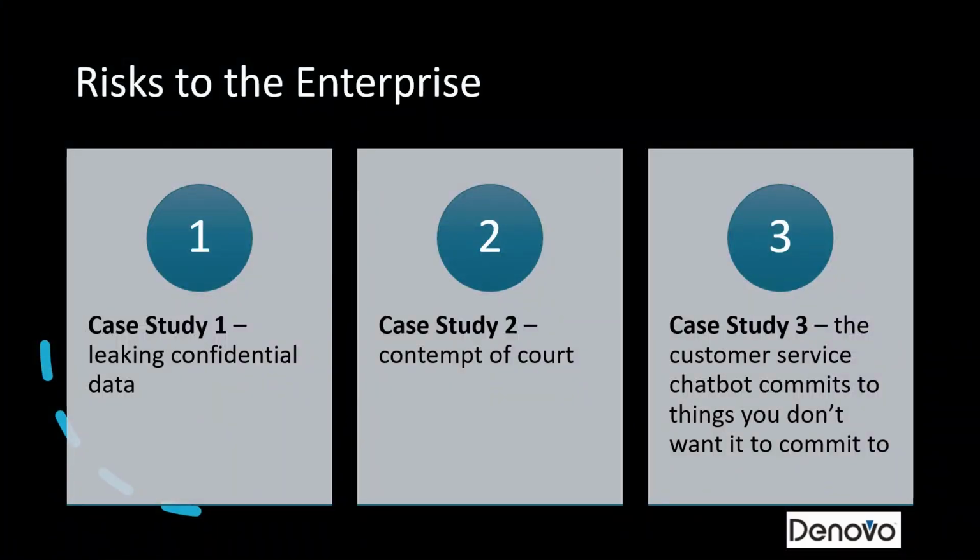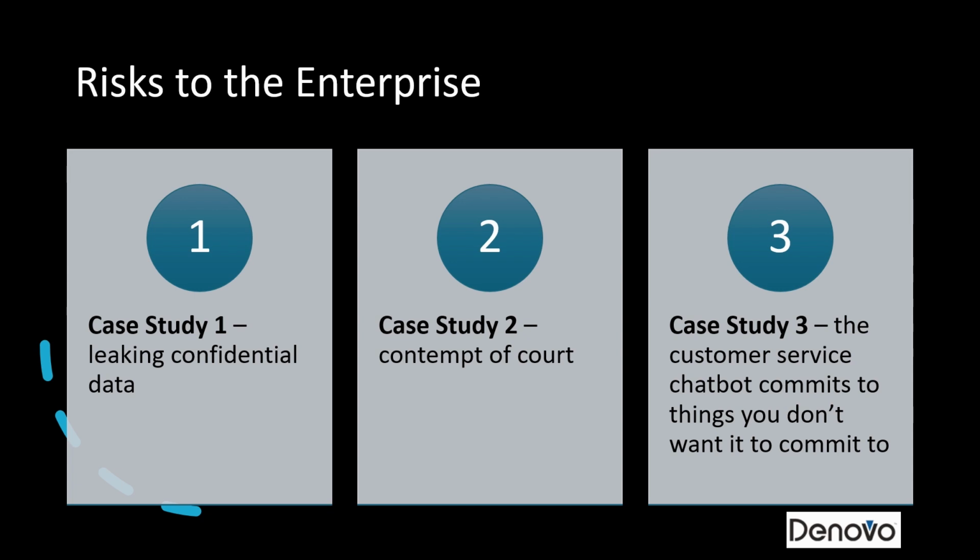So kind of risks to the enterprise of all of this. Leaking of confidential data. There was source code from Samsung that ended up in one of these large language models. They were in a panic about it. How do we get that back? We don't want this to be out there and available as training data.